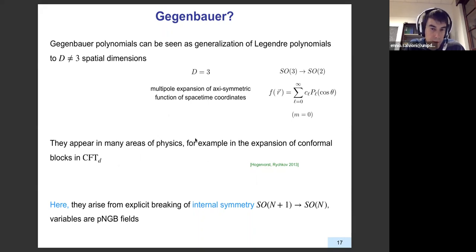In conformal field theory, they appear naturally. Here, the only difference with that case is that they really arise from explicit breaking of an internal symmetry, and so the variables are not space-time coordinates, but PNGB fields. This is the only difference with that setup, but the math is of course the same.